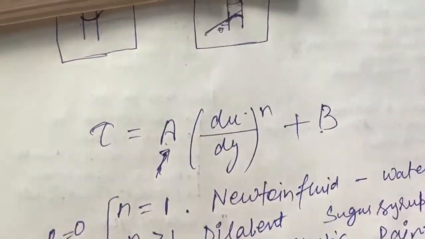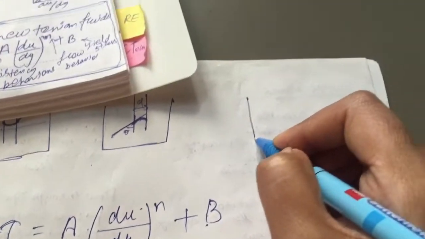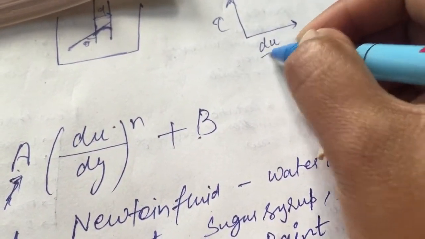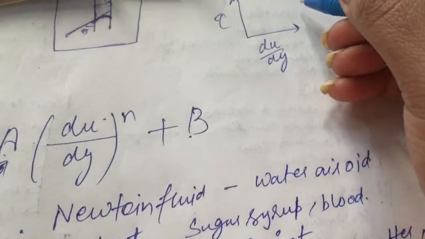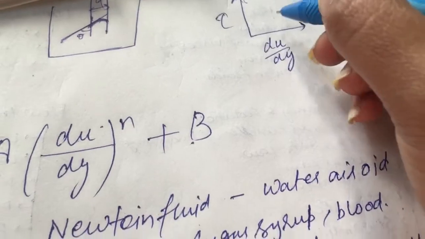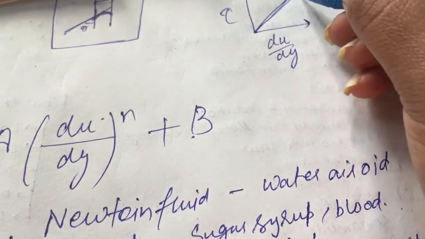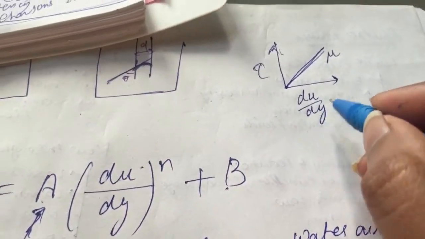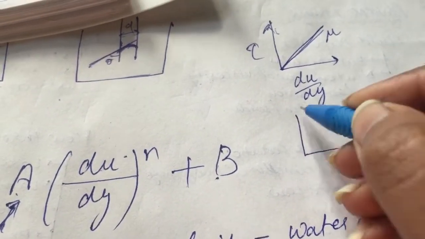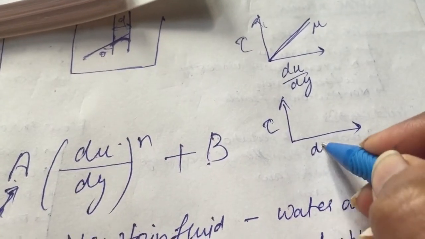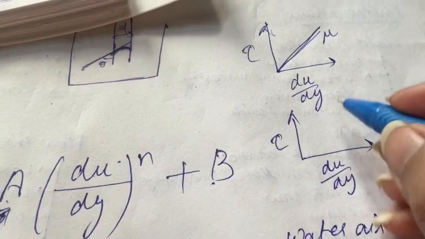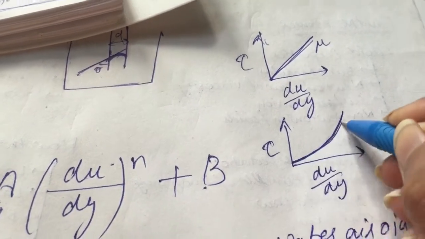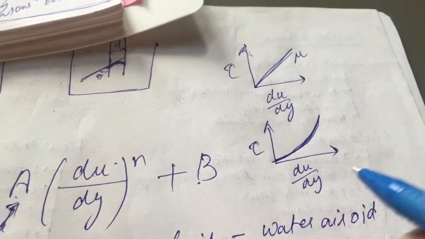So earlier we had studied the graph of tau versus du by dy for our Newtonian fluids. The graph for Newtonian fluids was like this. In case of dilatant fluids, our graph of tau versus du by dy would be like this curve, and this is for dilatants.